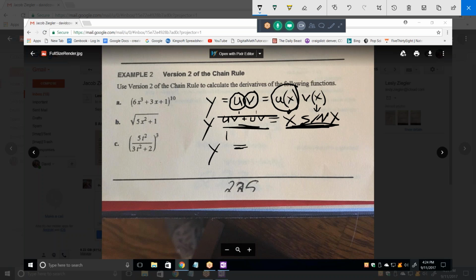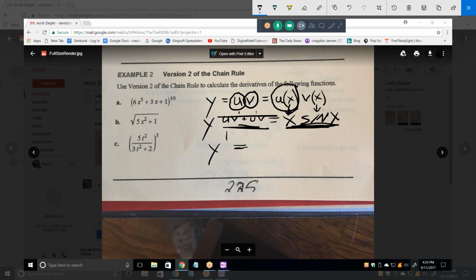Different rule. So what would you classify as u and v then? U is x, v is sine x. U of x is x, v of x is sine x. 2 different functions, which we can no longer combine any further.